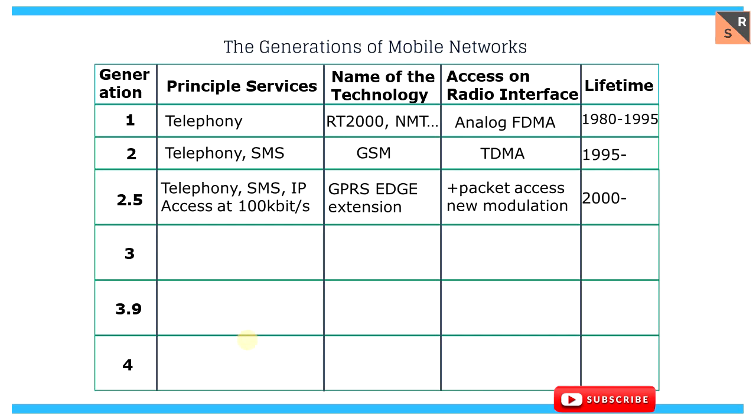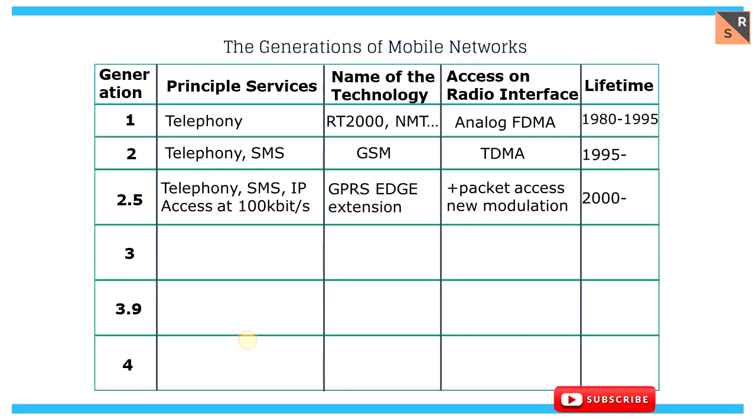The throughput was increased in comparison with what was initially possible with GPRS. The principle of GPRS is to supply a service of packet transmission and to use packet access and new modulations on the radio channel. IP access is possible at best at 100 kilobits per second in a network with a low load. This throughput is therefore relatively low.